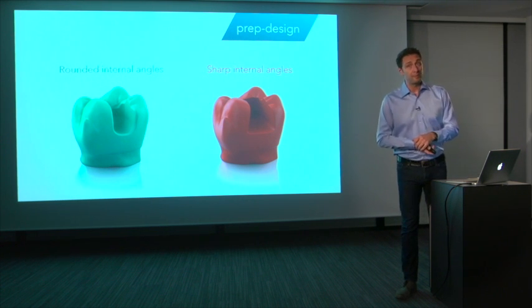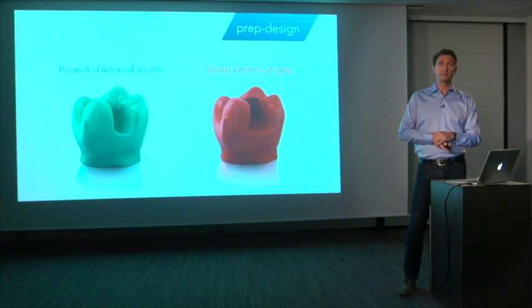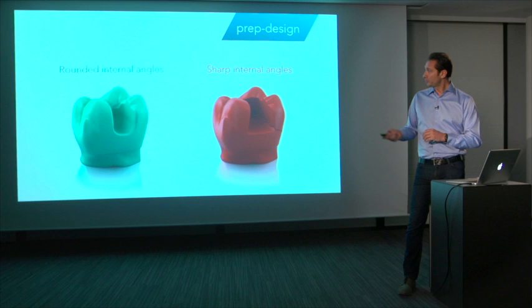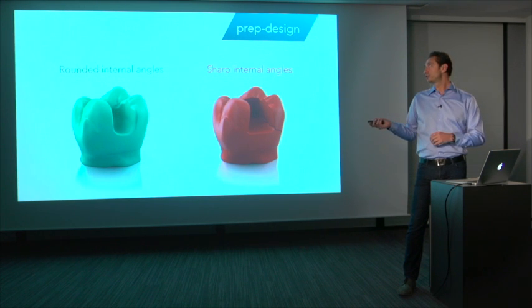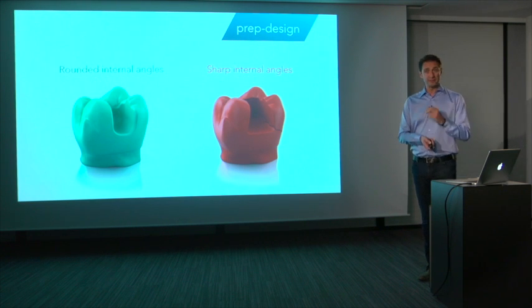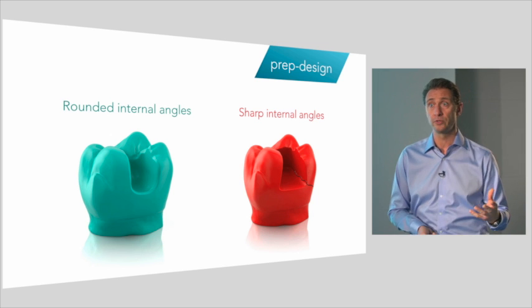In relation to preparation design, I think we can be very clear, and it's pretty obvious that the sharper the angles are, the higher the stress that will be created within that cavity, and the more rounded those internal angles are, the less stress we will create. Now, the difficulty of dentistry of today is that many times we have to redo restorations.